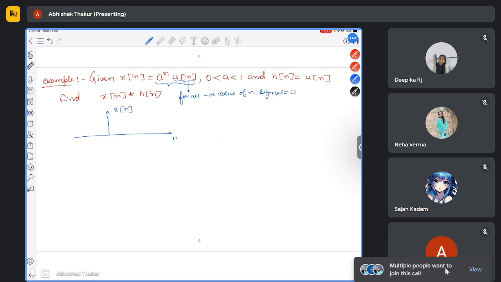Because what is our u[n]? u[n] is the unit step function. So the value will be 1 when n is equal to 0 to infinity.